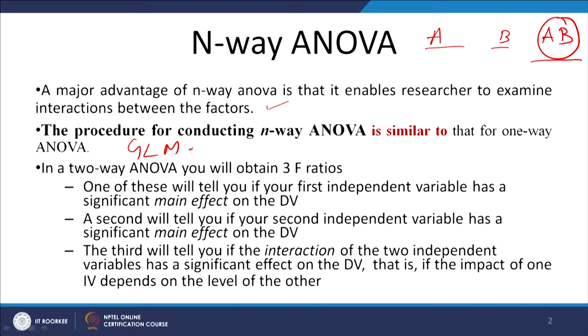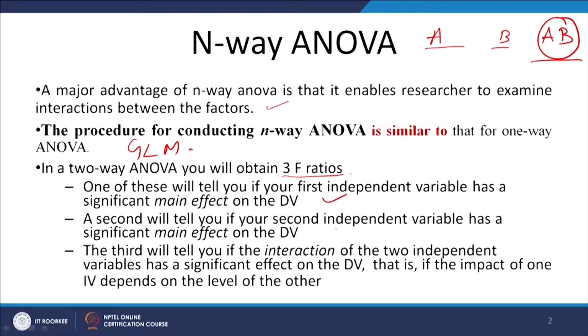In a two way ANOVA you will have 3 F ratios. What are these 3 F ratios? The first says whether the first independent variable, the first factor, has a significant main effect on the dependent variable or not. The second F says whether the second independent variable, the second factor, has a significant main effect on the dependent variable or not, right.